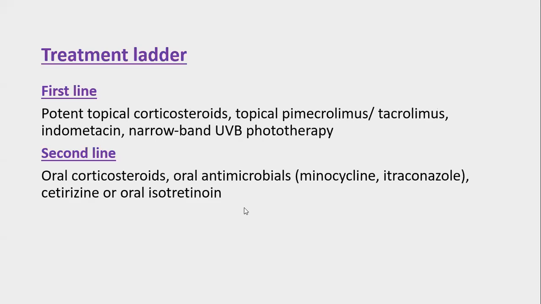So if we go through the treatment ladder, the first line treatment is potent topical steroids, pimecrolimus and tacrolimus, indomethacin, narrowband UVB. And in second line, we can use oral corticosteroids, oral antimicrobials like minocycline, itraconazole, cetirizine, or oral isotretinoin.